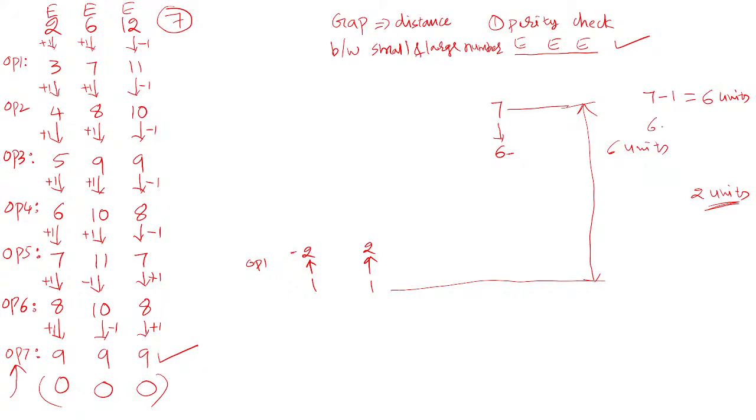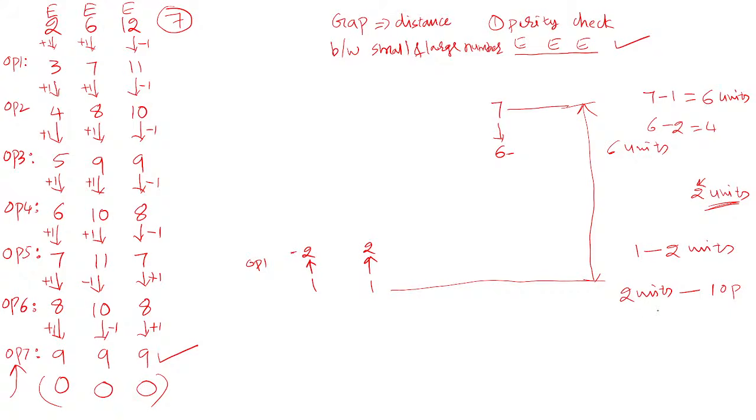So 6 minus 4 is 2. In each operation 2 units of gap are being reduced.